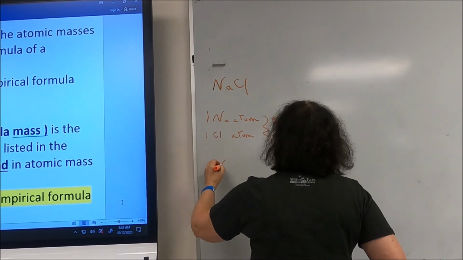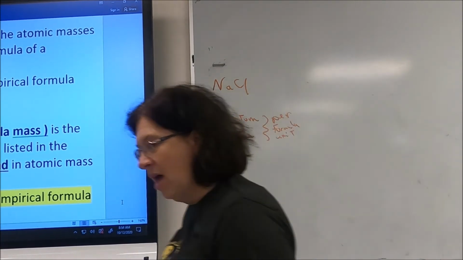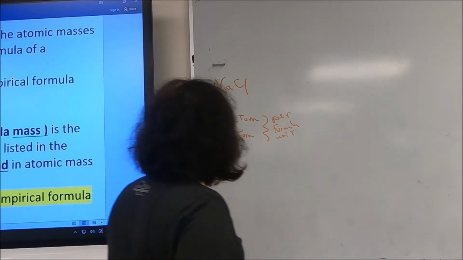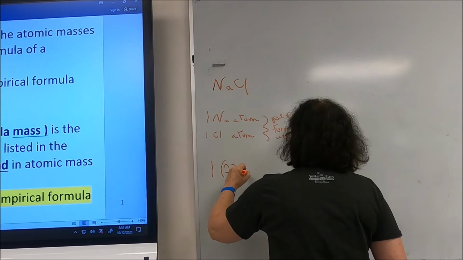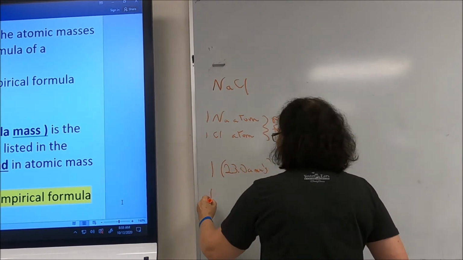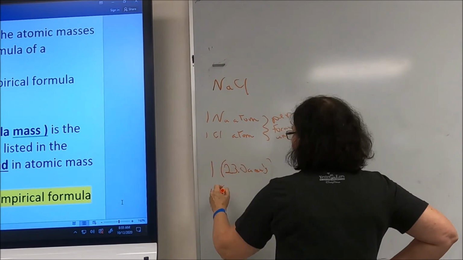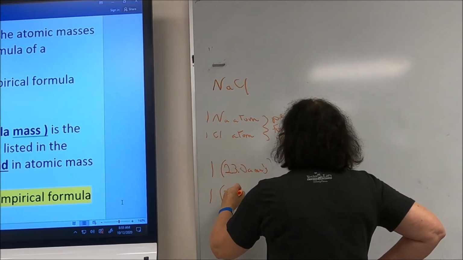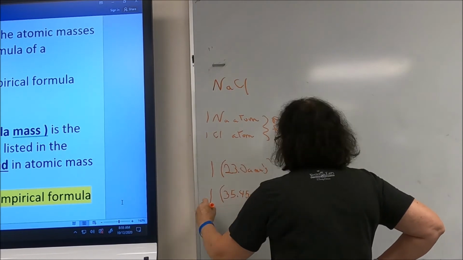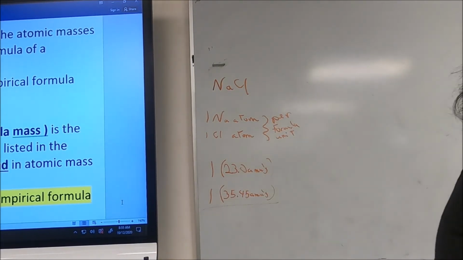So I'm going to have 1 times the atomic mass of sodium, which is 23.0 AMUs, according to the periodic table I'm using. And then I've got 1 chlorine at 35.45 AMUs. And all I'd do is I'd add those two together.